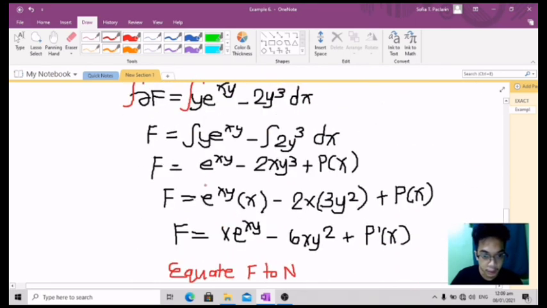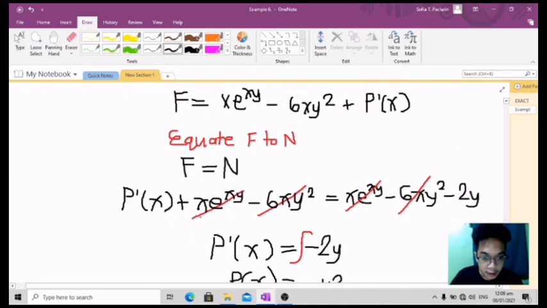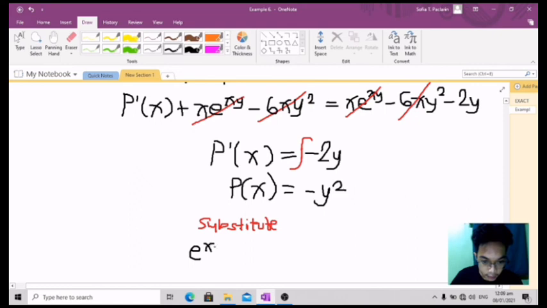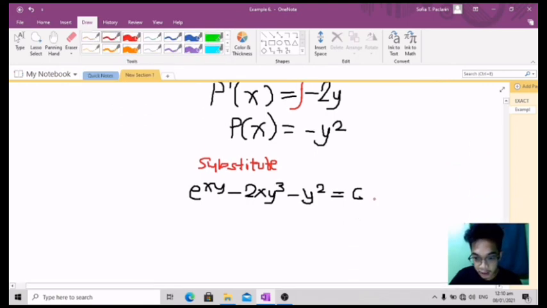F is equal to e raised to xy minus 2xy cubed, and the p of y, negative y squared, is equal to c. So this is the general solution for this differential equation.